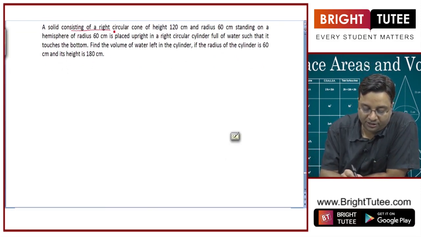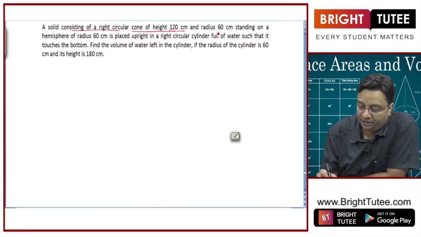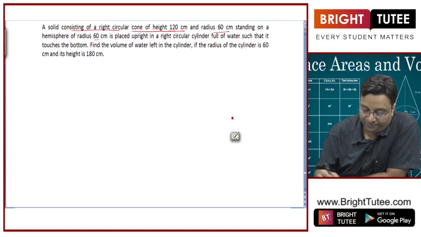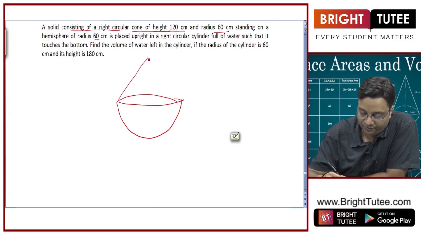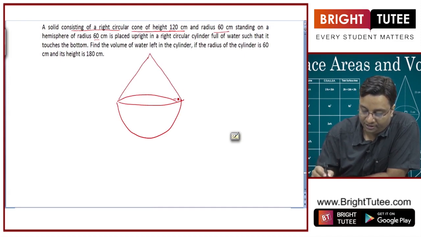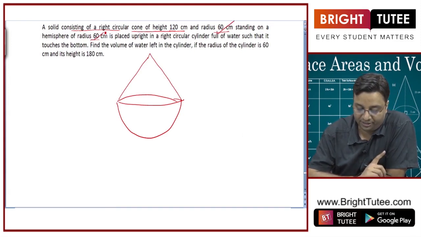So let's look at this next one. A solid consisting of a right circular cone of height 120 centimeter, radius 60 centimeter, standing on a hemisphere of radius 60 centimeter. Okay, so there is this hemispherical bottom, and then there is a right circular cone standing on it, and you notice the radius of both hemisphere and cone is same.